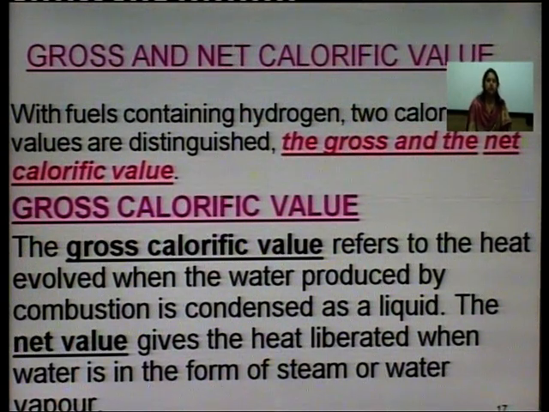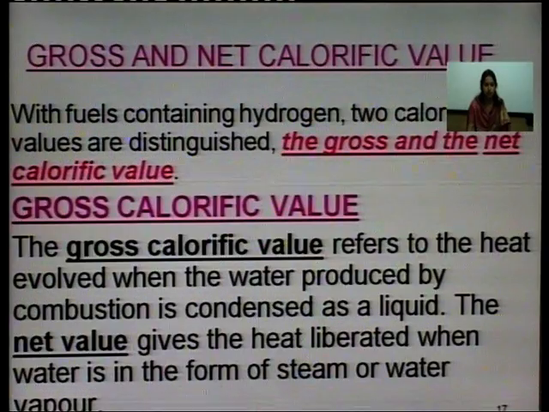Now, there are two types of calorific values. One is the gross calorific value, the second is the net calorific value. So, let us discuss these calorific values. With fuels containing hydrogen, two calorific values are distinguished, the gross and the net calorific value.